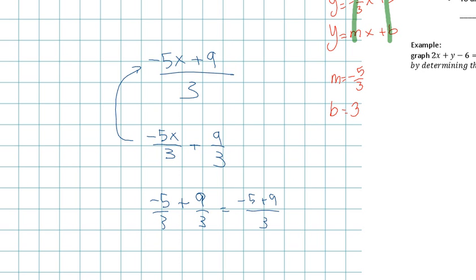Yes. The reason why I put it separately is because you see what you guys just did? You see how you just simplified this to negative 5x plus 3? This is the mistake that I'm going to see if we don't separate. That's why I separate right away.